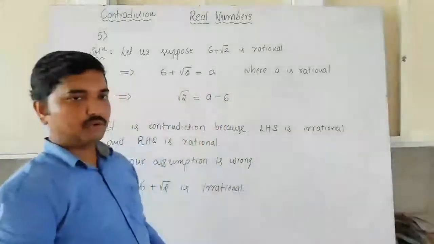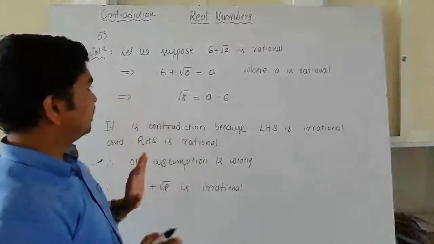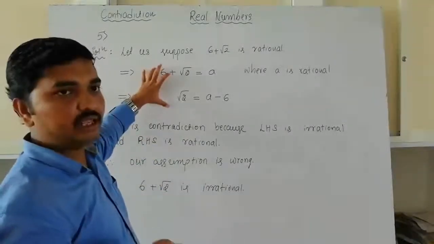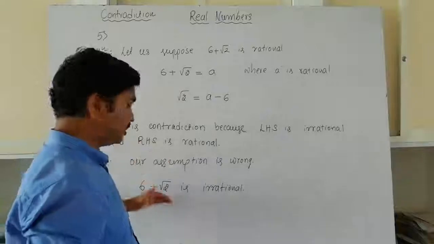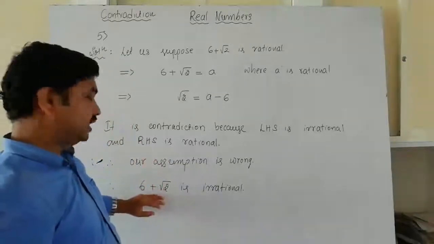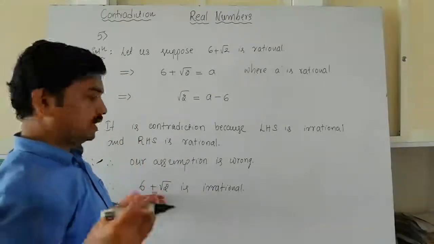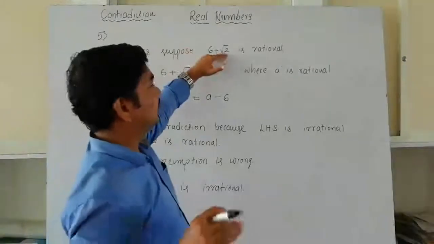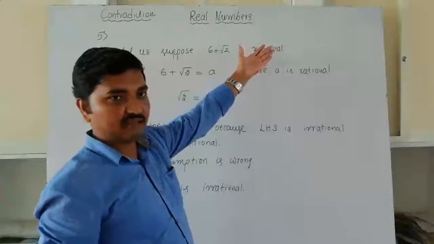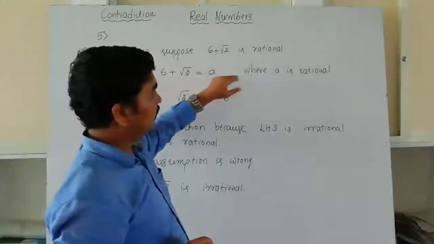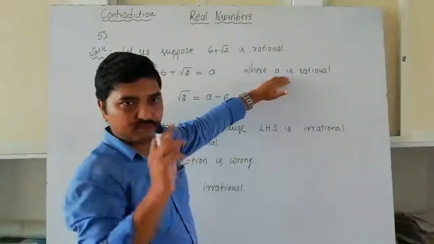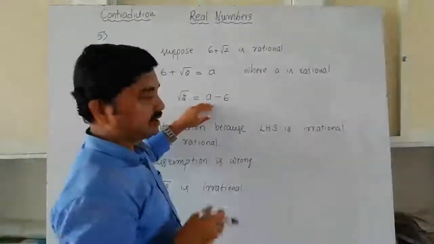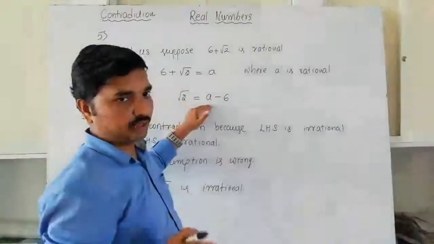Very simple question. You can understand this one. You just need to write down two equations. After that the conclusion is the same. Only the given number changes. It will depend upon the number given in the problem, and the initial line is the same. Let us suppose the given number, the assumption, is rational. After that equate that to a, and remember to write where a is rational. After that it depends upon simplification and the given number.